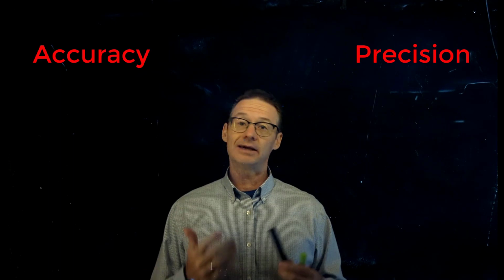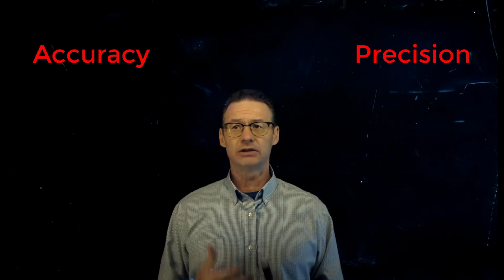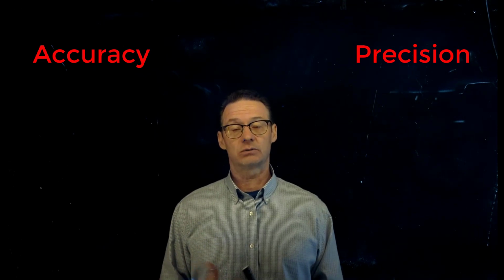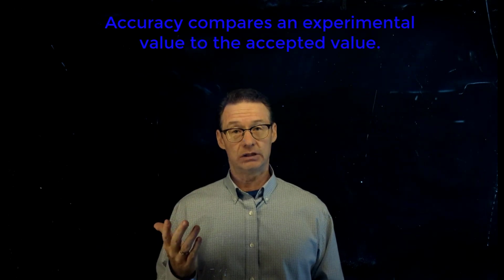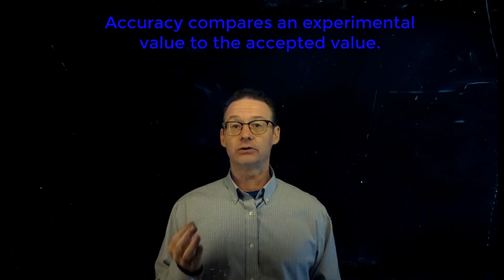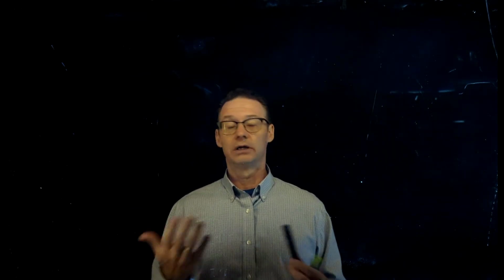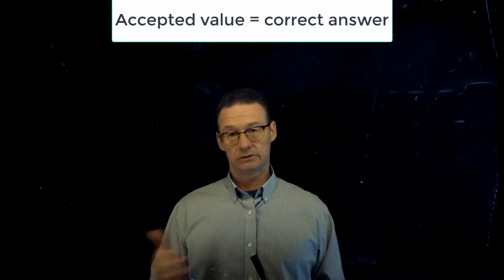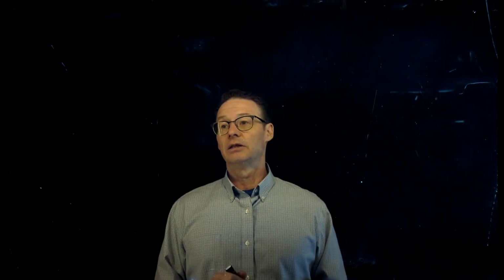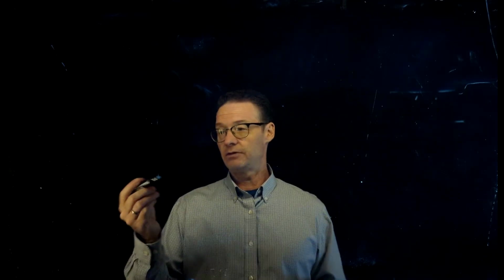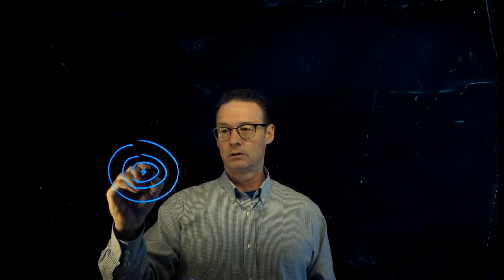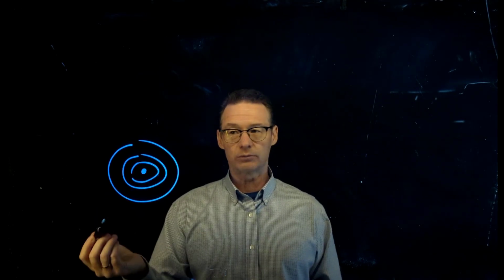Another concept that we need to talk about is accuracy and precision. A lot of times these things get used interchangeably, but they don't mean quite the same thing, especially in the context that we're talking about. Accuracy is how close a value is to the accepted value, or, for lack of a better word, the right answer. So how close did you get to the correct number? The problem with accuracy is if you think of it in terms of aiming at a target, you want to get close to the bullseye.